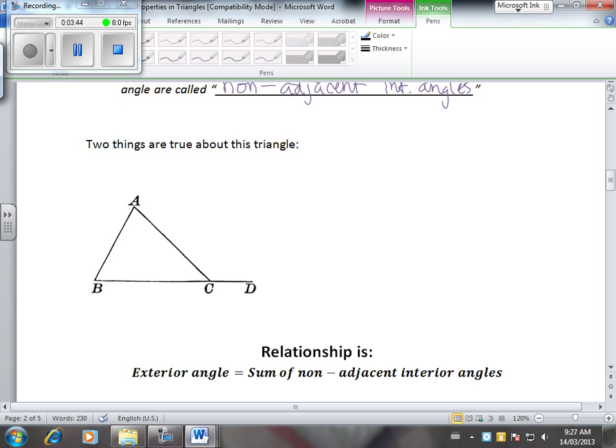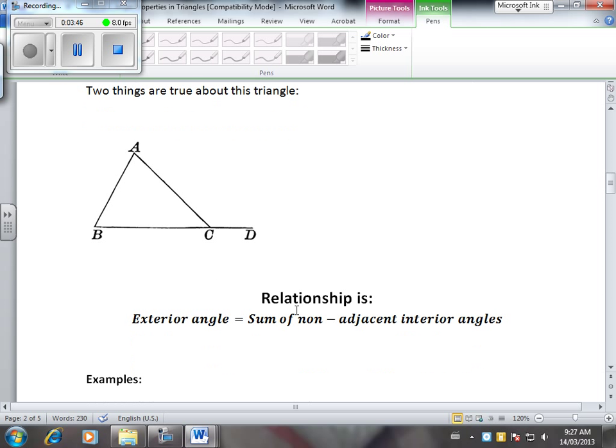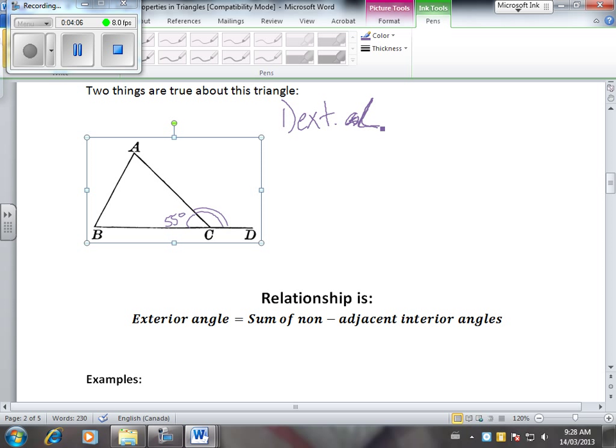Okay, so two things are true about this triangle. So if we know that this is 55 degrees, what would our exterior angle be? So look at where C and D are located. So C and our exterior angle, they are on a line. So we know that they have to equal 180 degrees.